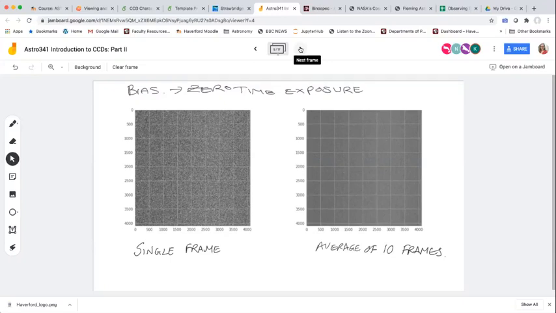We do that in a CCD chip, in that the 0 point is actually not at 0. It's going to be at some number that we call the bias or the offset. So we call these 0-time exposures bias frames. They won't have 0 counts; they'll have some number of counts. But as you see, they're kind of speckly, and that speckliness in these pixel values is the readout noise.